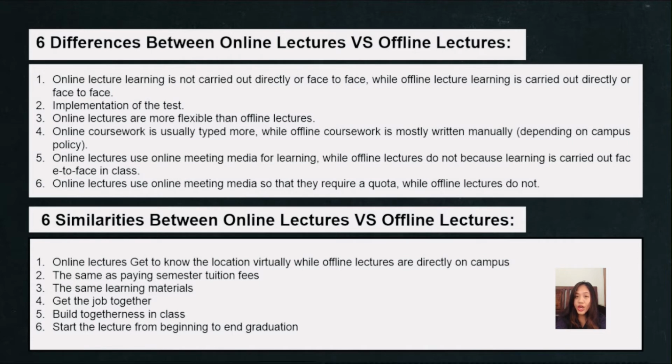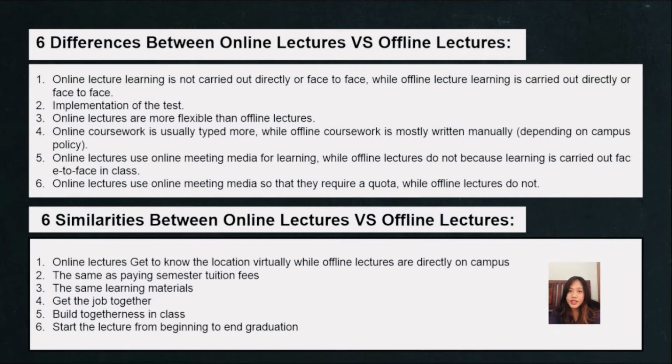Fourth, in online lectures the coursework is usually typed more, while offline coursework is mostly written manually or depending on campus policy. Fifth, online lectures use only online meeting media for learning, while offline lectures do not because learning is carried out face-to-face in class. And the last, sixth, online lectures use only meeting media so that they require a quota, while offline lectures do not.